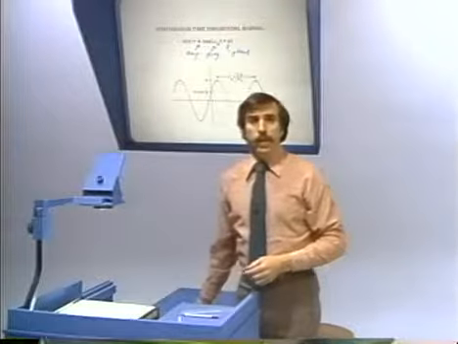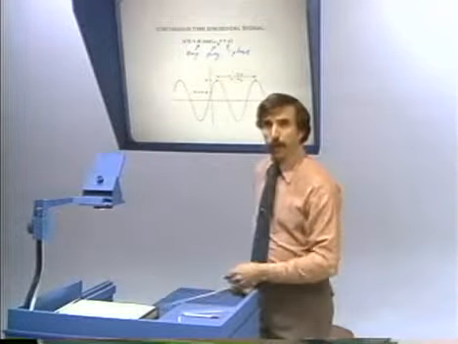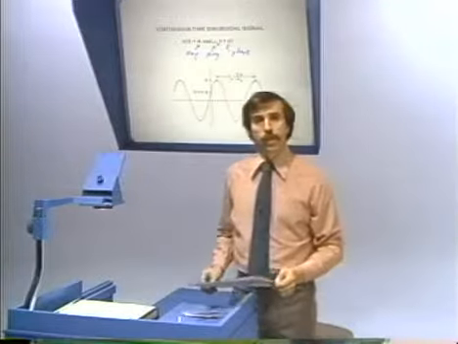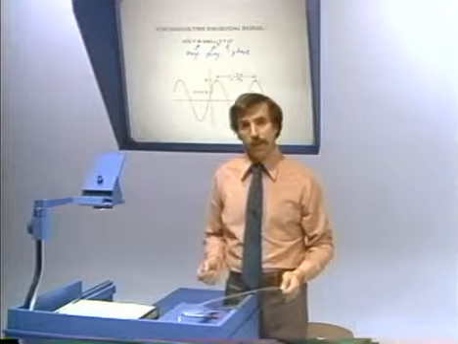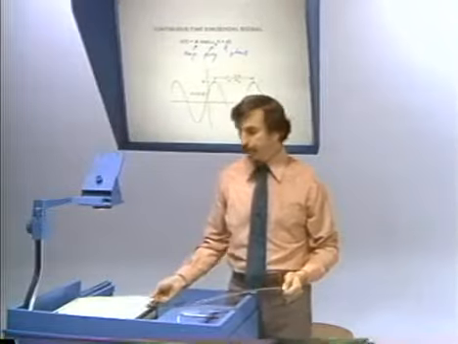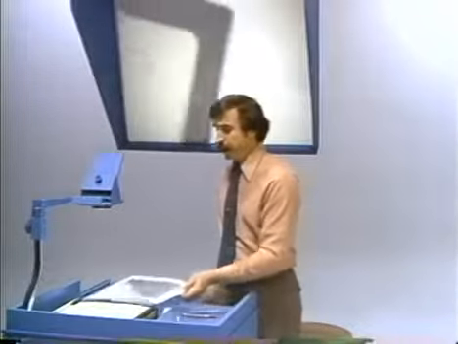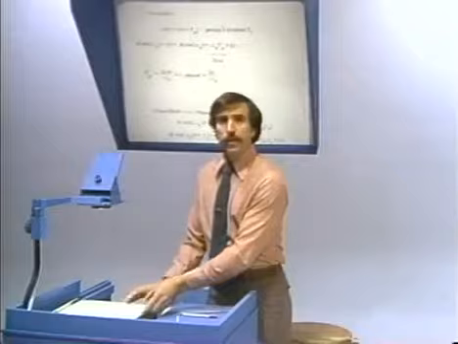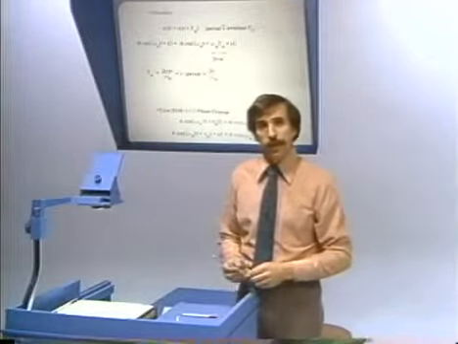Now, the sinusoidal signal has a number of important properties that we'll find it convenient to exploit as the course goes along. One of which is the fact that the sinusoidal signal is what is referred to as periodic.